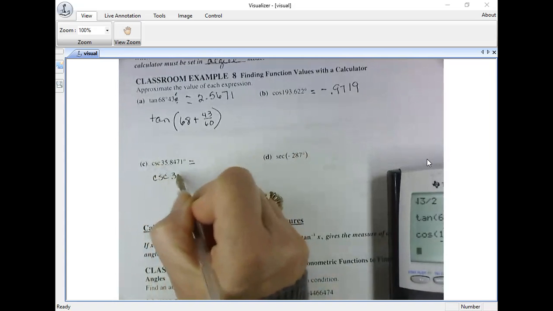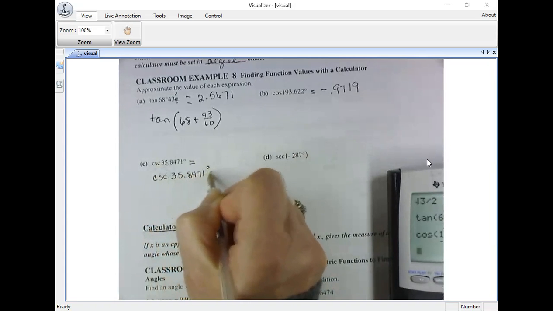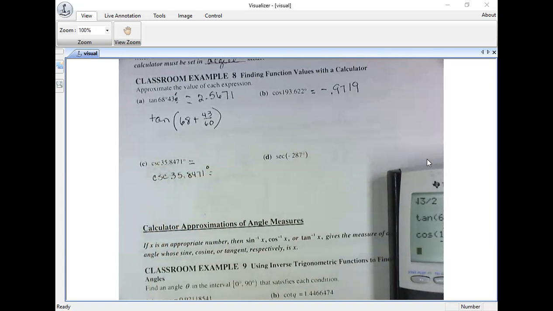So if I'm trying to find the cosecant of 35.8471, I'm going to have to use a relationship with either a sine, a cosine, or a tangent to figure this out. So what can I do?